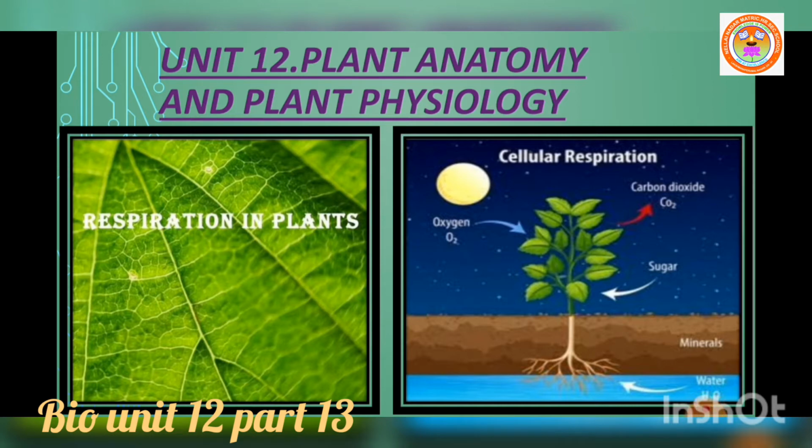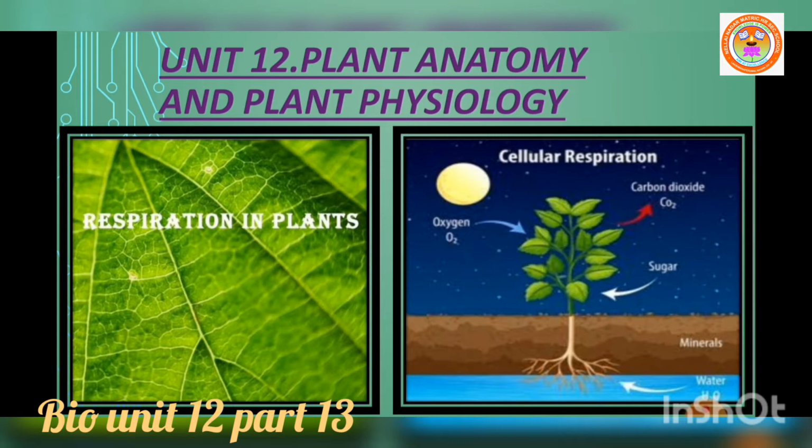Regarding plant physiology, today we are going to discuss one important function of plant, respiration. Respiration is a very important function of plant. In the last session, we discussed photosynthesis. So, what is respiration?